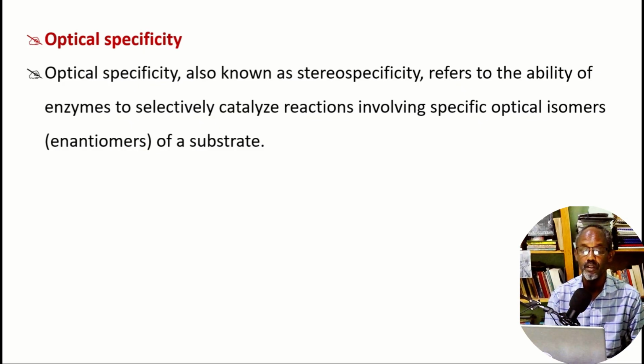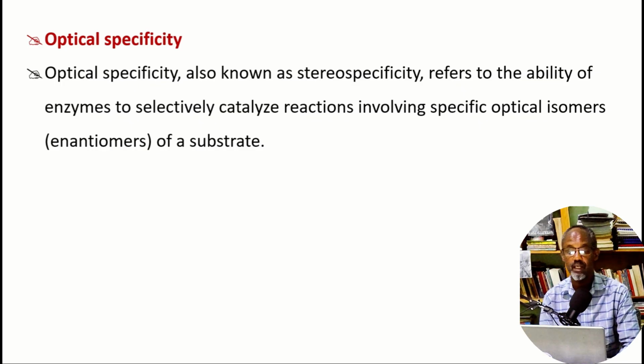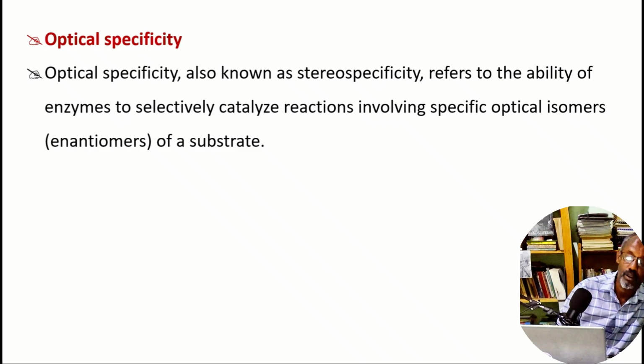When these optically active molecules are exposed to plane polarized light, they either rotate the light to the left, in which case the molecule is known as the L form, or rotate the plane polarized light to the right, in which case the molecule is known as dextrorotatory.